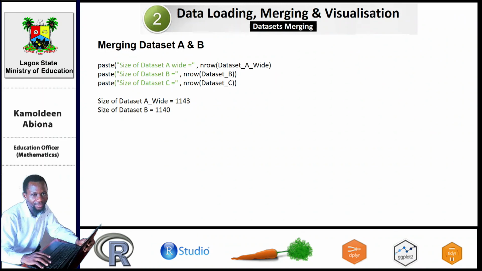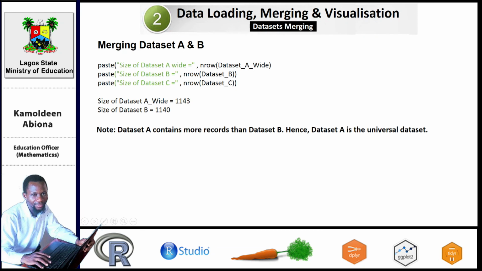To do that, you can say paste size of dataset A, so as to know which one will be the universal dataset. And to join that, we use left join, so that dataset A will be at the left-hand side.